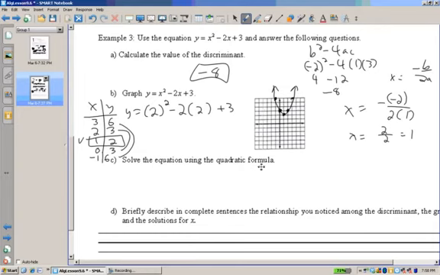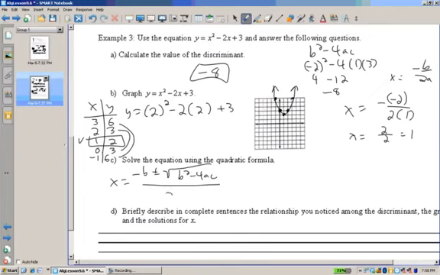Now, so far, looking at the sort of connection that we've been making, how many intercepts are there? Well, there's none. The discriminant was negative. That meant there were no x-intercepts, no roots, depending on the vocabulary you're using. Let's see what that means for the quadratic formula. x equals negative b plus or minus the square root of b squared minus 4ac all over 2a.